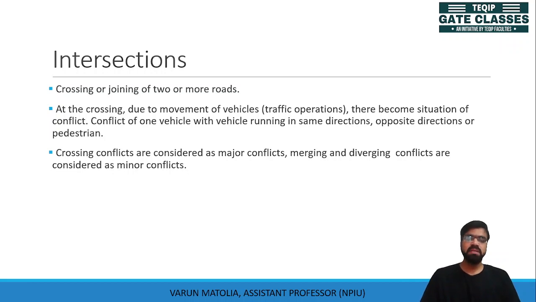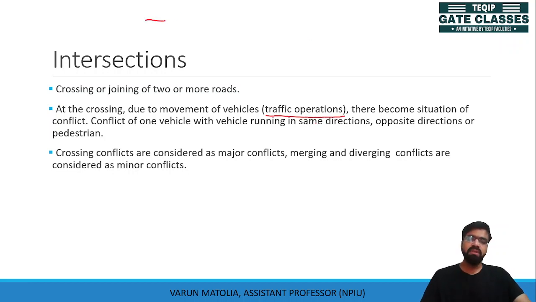This conflict is certain for traffic operations. So in order to remove this conflict, let us first find out what these conflicts are, and what the traffic operations are which cause the conflicts.